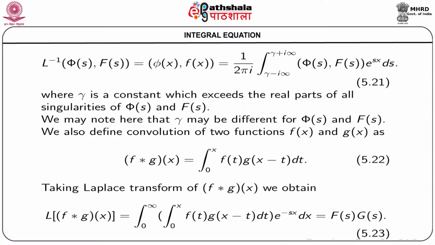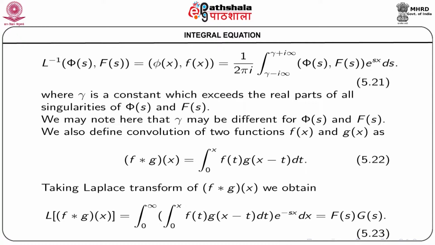So, by inversion formula, phi x is obtained as 1 by 2 pi i integral gamma minus i infinity to gamma plus i infinity phi s e to the power sx ds.